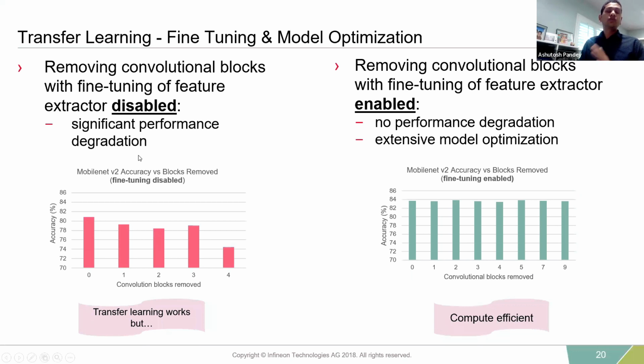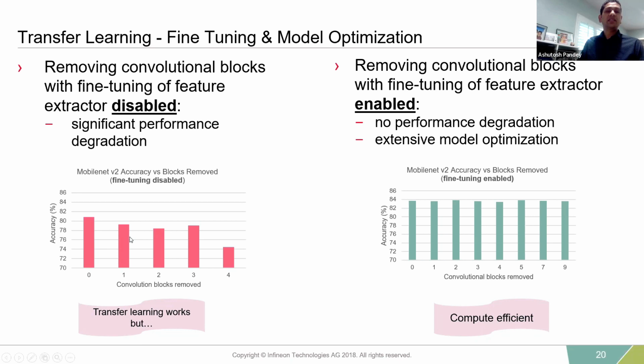Then we started to remove one block at a time, right? In machine learning or deep learning applications, things are stacked with blocks, and the implication of removing those blocks is that the model becomes smaller and more compute efficient. And here is the overall impact on accuracy.